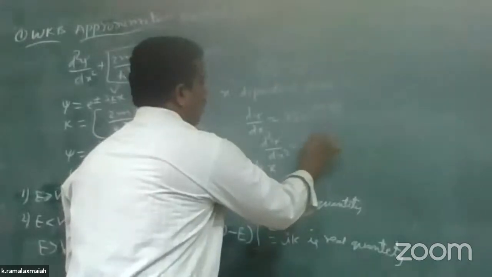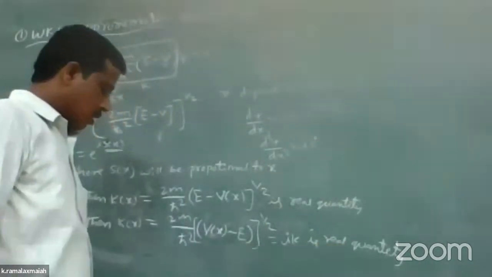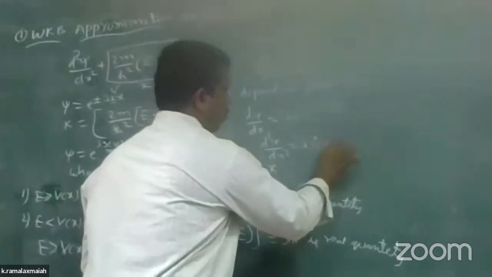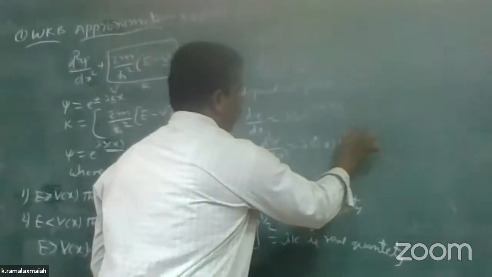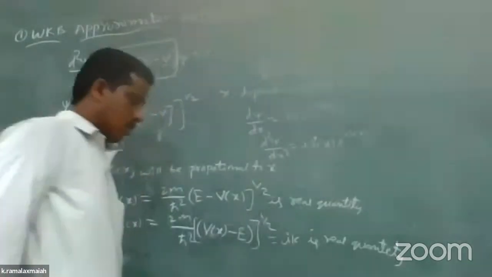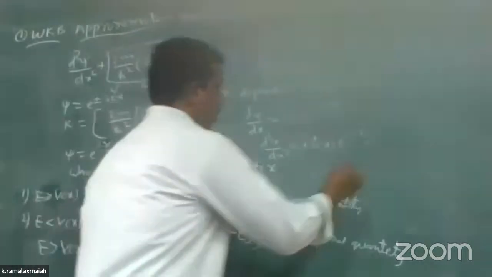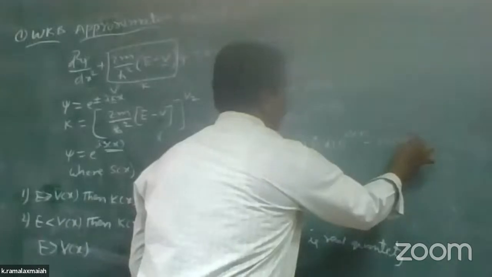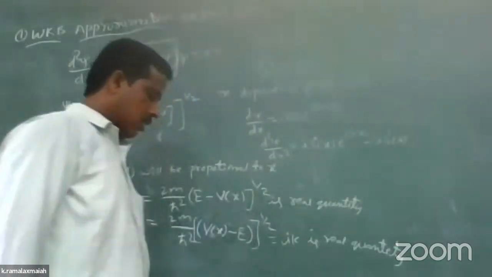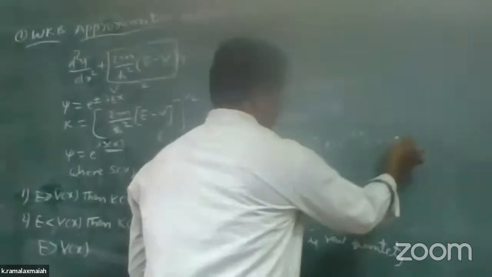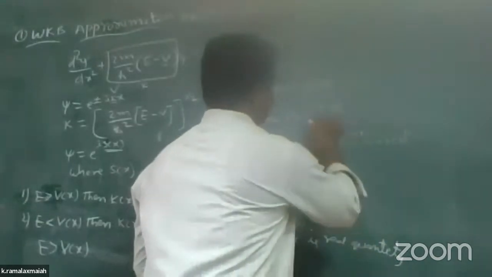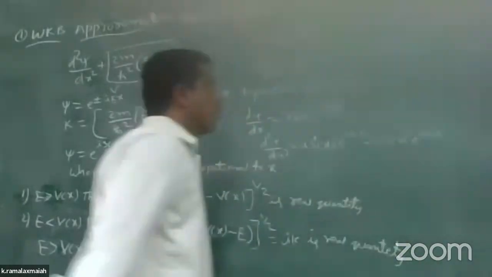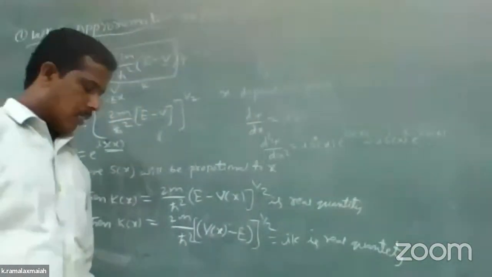i s double dash of x into e power of i s of x minus s dash of x whole square into e power of i s of x.